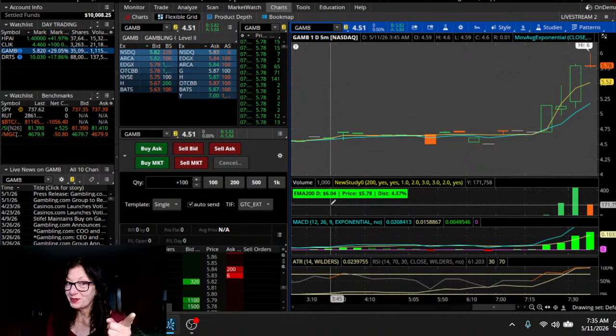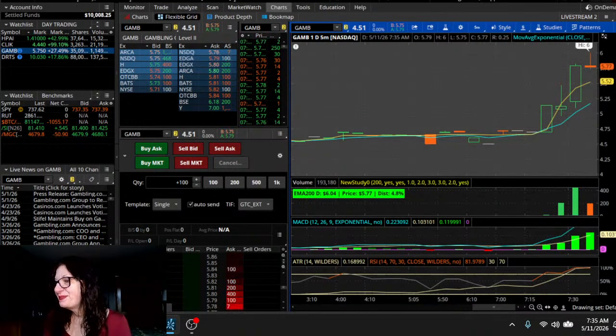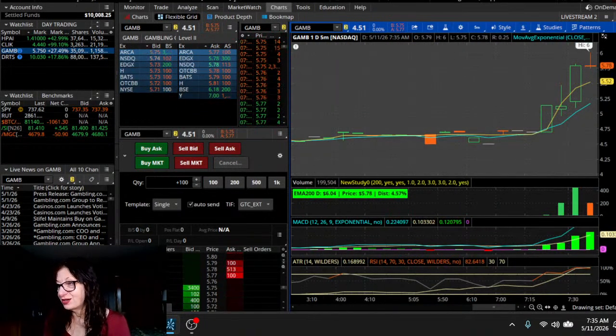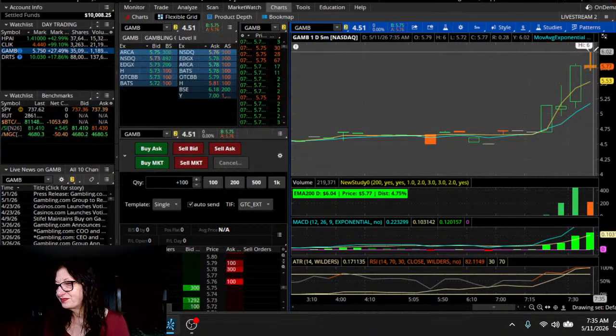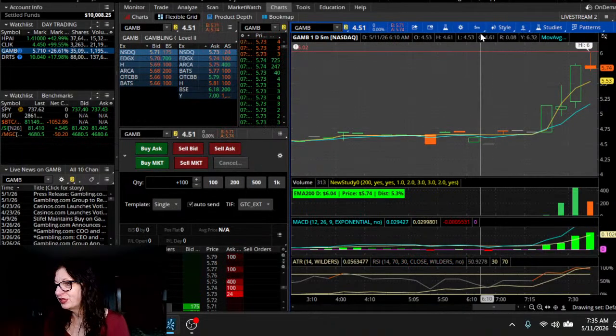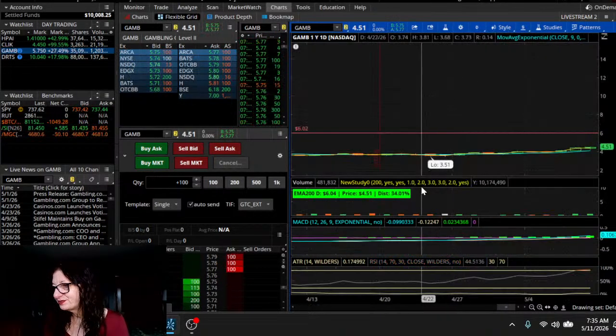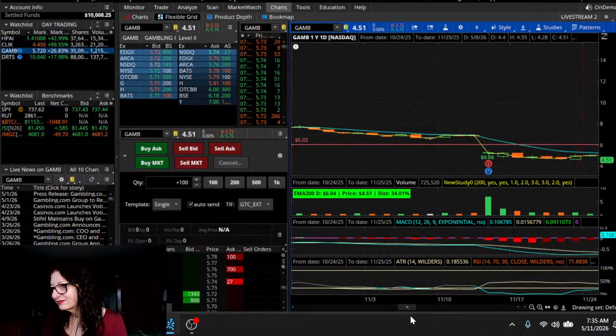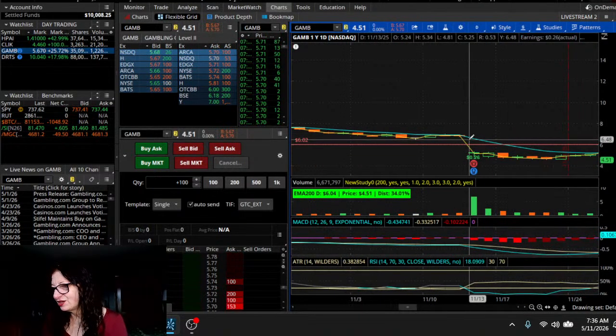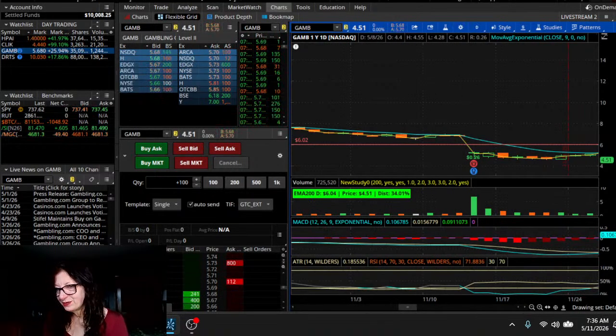This is where your script is really coming in handy because now we know that's a reason for resistance at that point. Okay, and if we look at the daily chart, there's a gap here back in November.